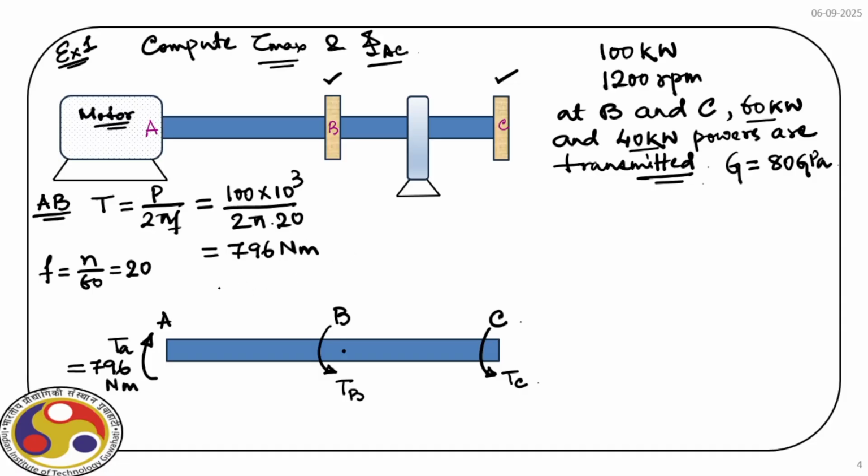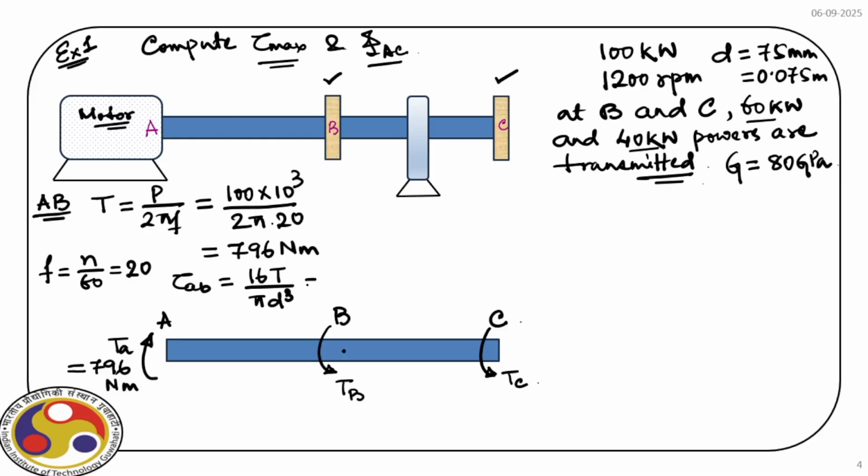Now, for this segment, we can also calculate tau AB. And the expression is, if you recall, 16T divided by pi d cube. The diameter of the shaft is, say, 75 millimeter. That is 0.075 meter.